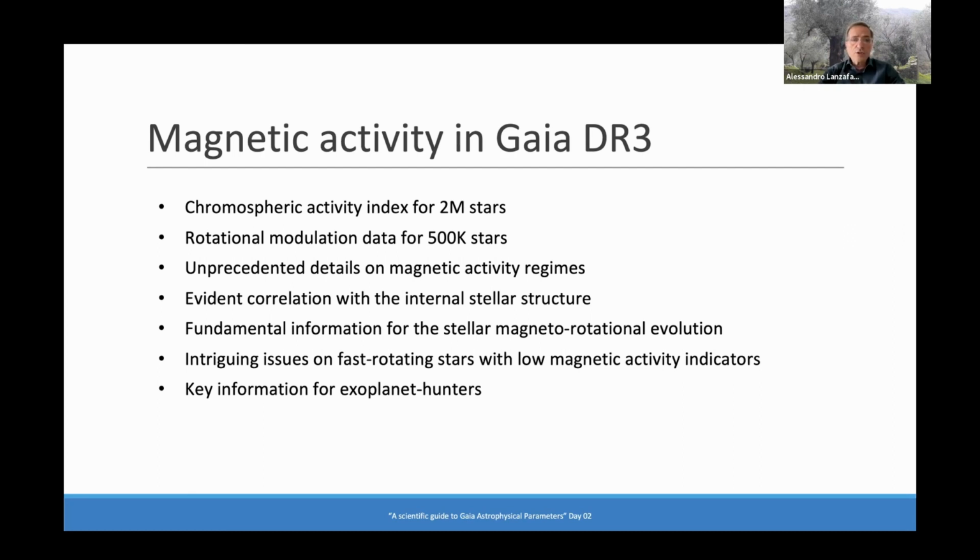There are intriguing issues on fast rotating stars with low magnetic activity indicators, and this information, I believe, is key for exoplanet hunters, since it gives a measure of the possible radial velocity jitter that exoplanet hunters may have in their research for exoplanets, especially when they are of almost planetary mass.